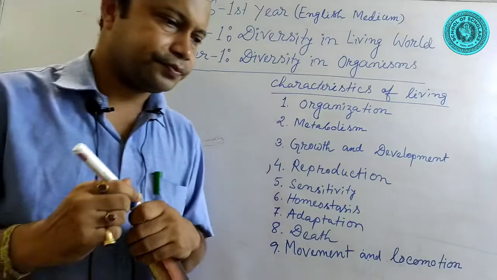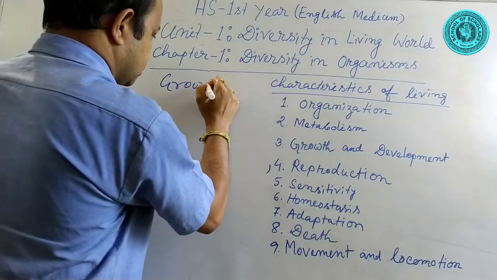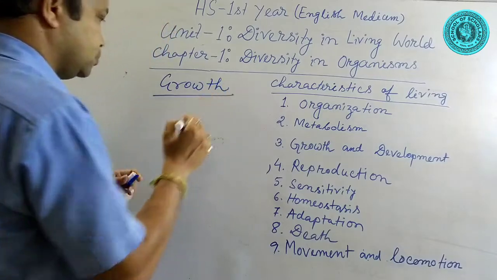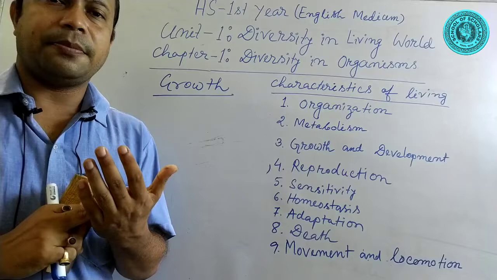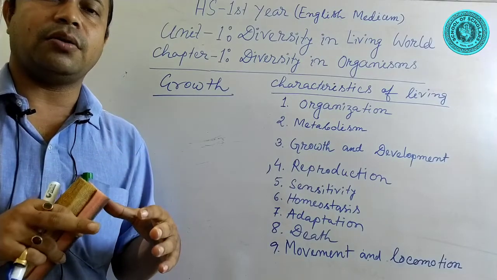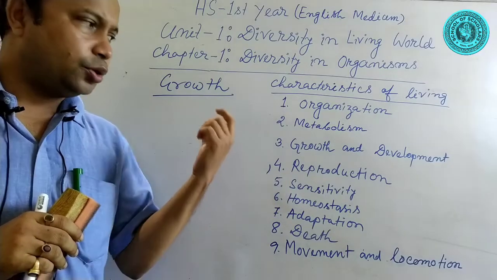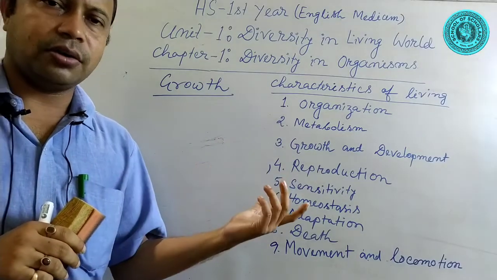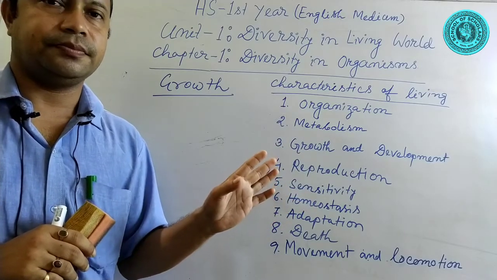At first, we have to know about growth. What do you mean by growth? Growth is the permanent and irreversible increase of protoplasm in an organism's body due to the higher rate of anabolism than catabolism.